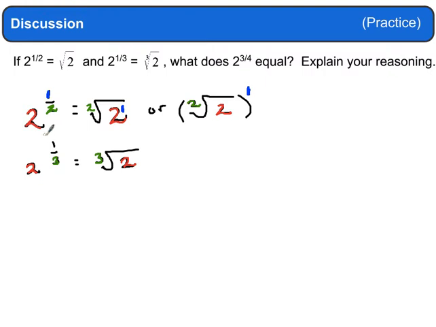And again, this 1, you can decide where you want to put it. It would be right there, or you can put it on the outside. Doesn't really matter. So then they ask, what if we have 2 to the 3/4 power?